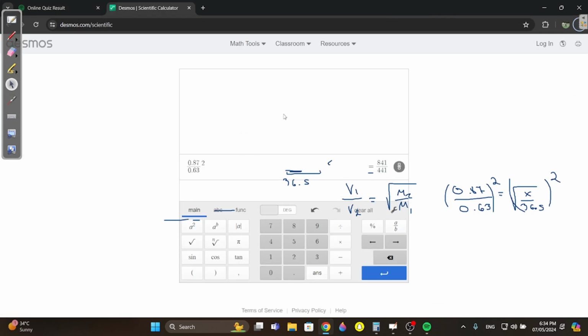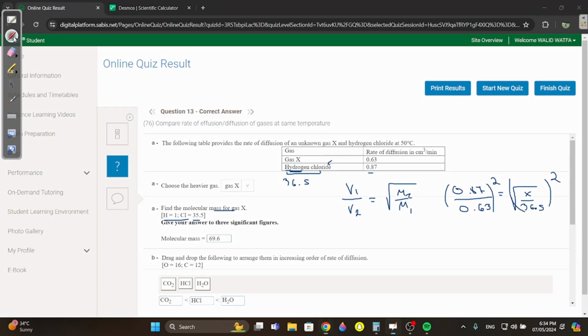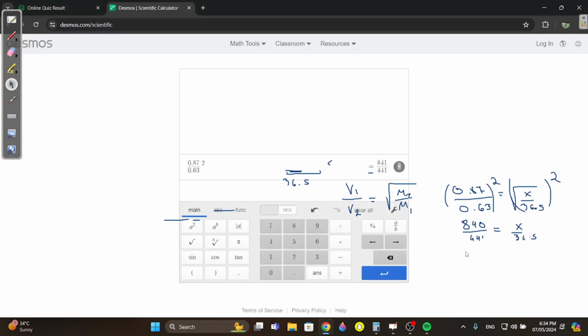Let me put it into a Google calculator. Yeah, I think it's 840 over 441. So 840 over 441 equals x over 36.5. And I think you just do times 36.5.